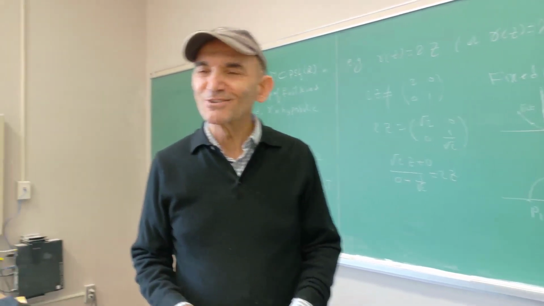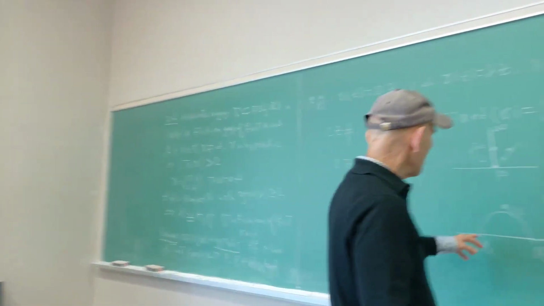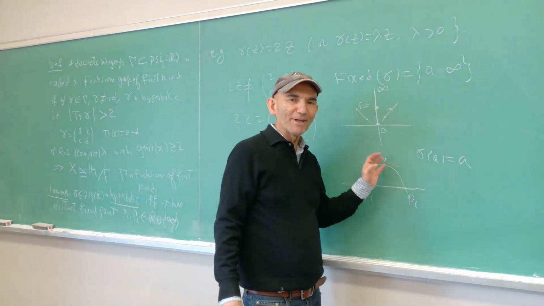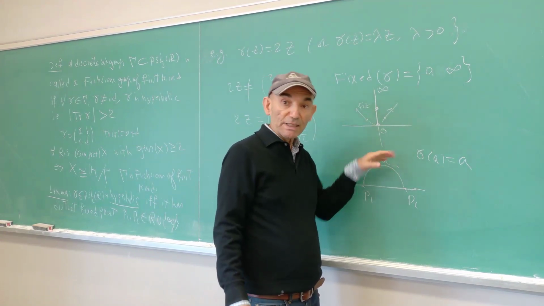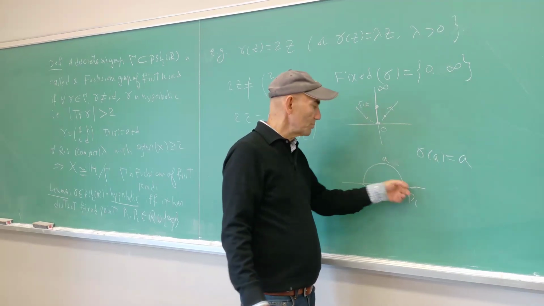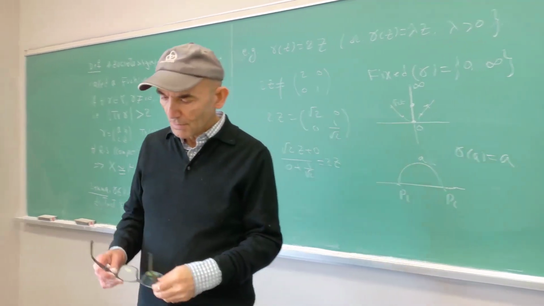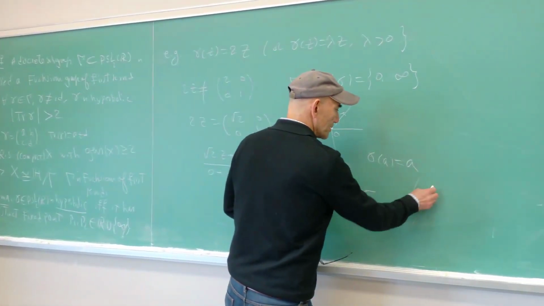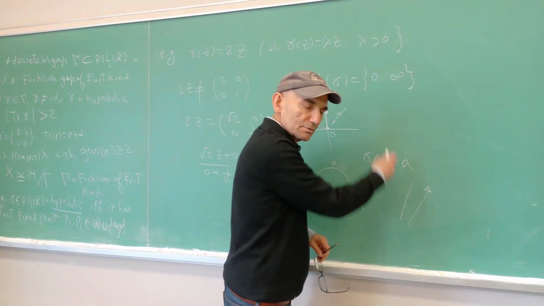Oh, under the map, because the map acts on the upper half plane. So this geodesic, for example, is sent to itself. It moves the geodesic, but sends it to itself. P1 goes to P2, P2 goes to P1. So these are like analogs of lines and translations along this line.